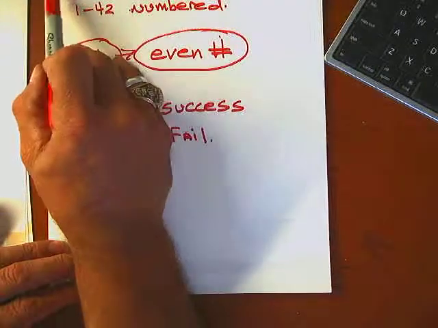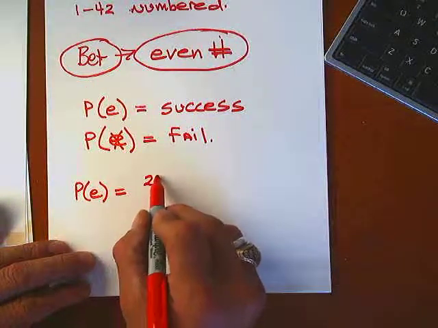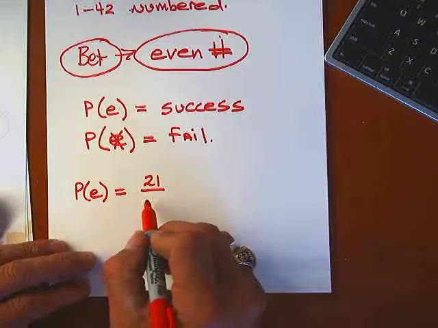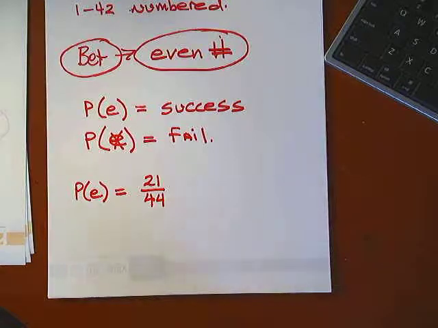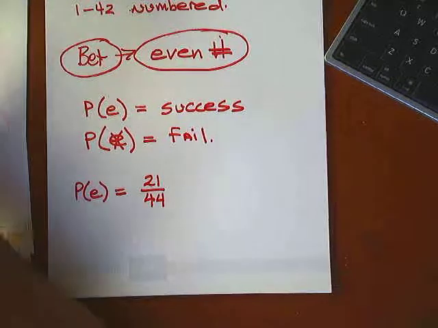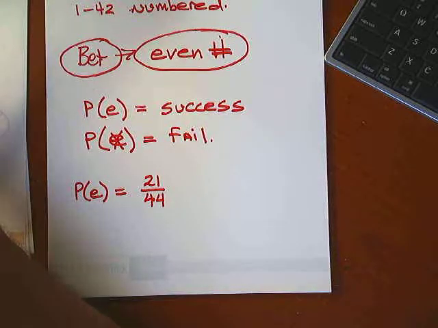So the probability of an even number is going to be our success, and the probability of not an even number is equal to failure. Do not say odd, because these two are neither odd nor even. And that plays into the answer.